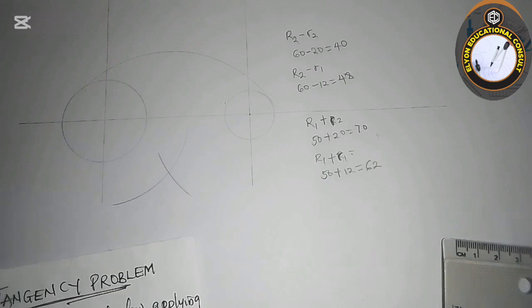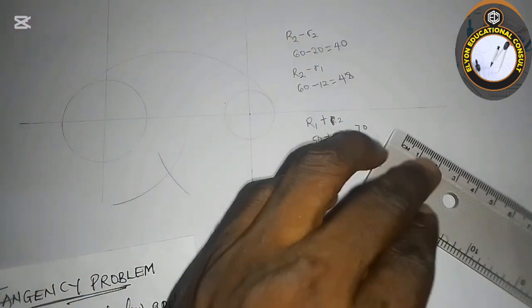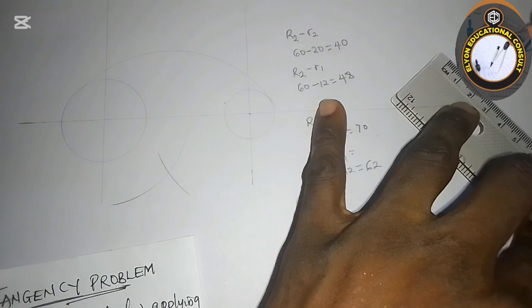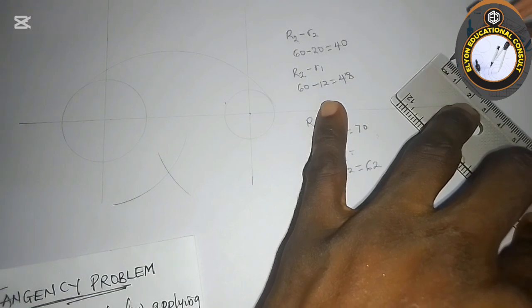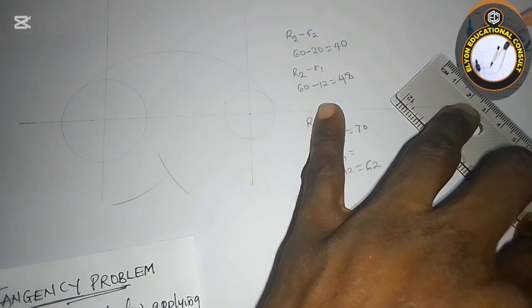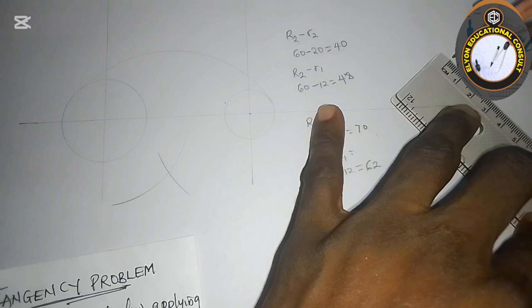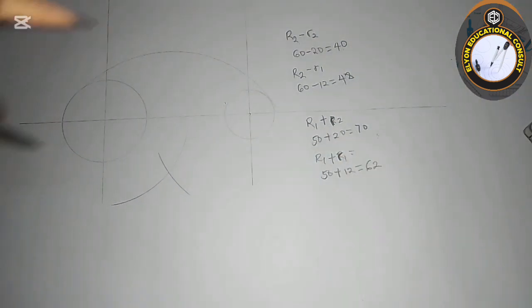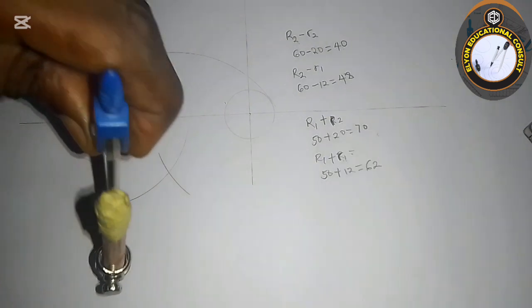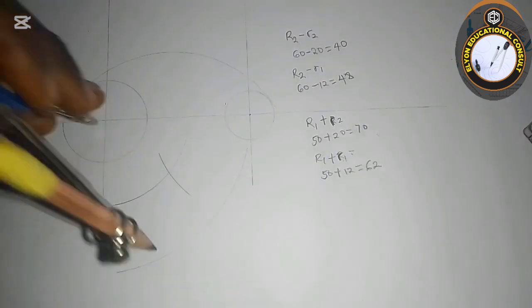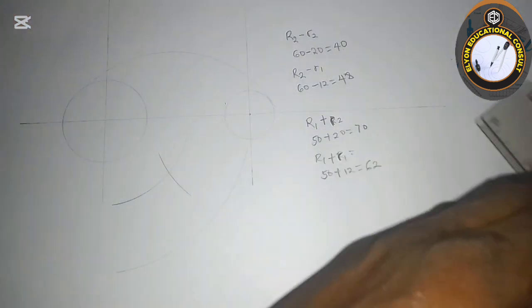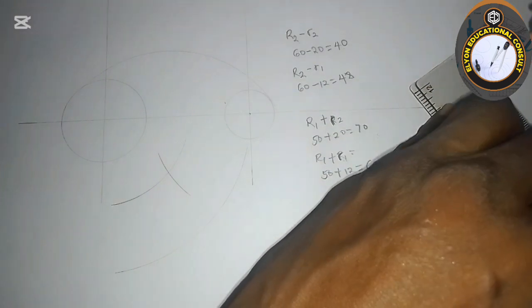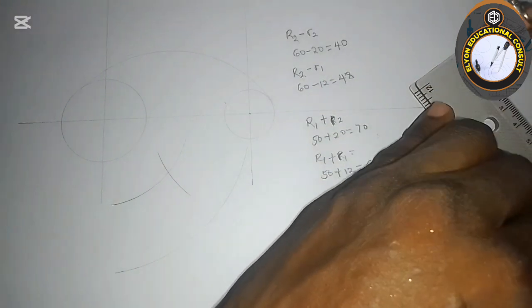So quickly I will stretch my compass to 70. So I'm going to have 70. I just want to be sure it's 70. So this is 70. Okay, I'm going to place here, strike an arc this way. Then we have 62 next. So this is 62.